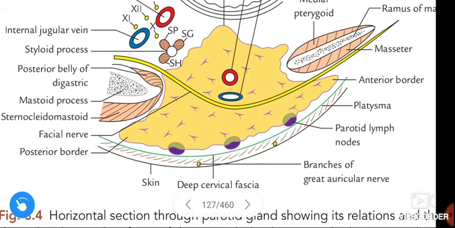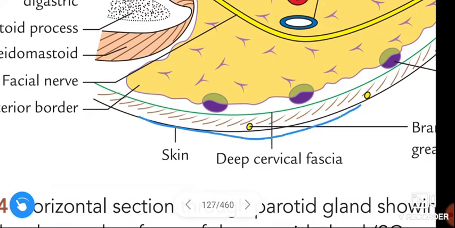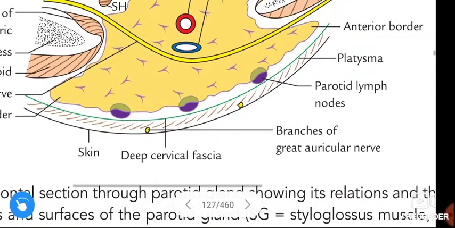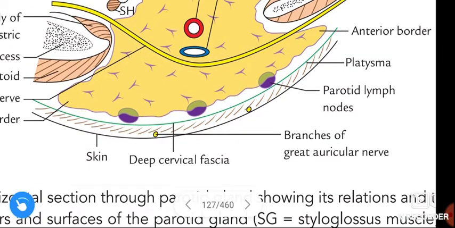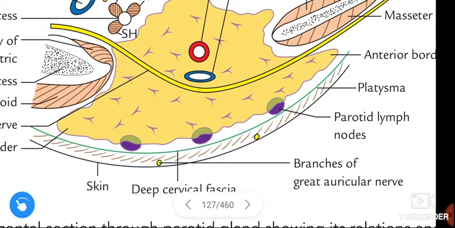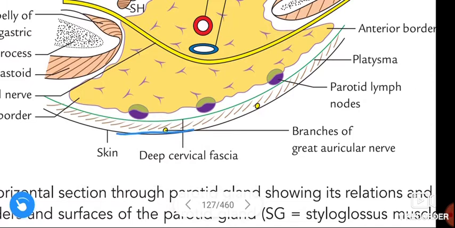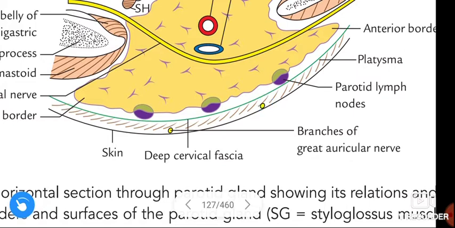The relations are skin, superficial fascia, branches of the great auricular nerve, deep cervical fascia, platysma, and parotid lymph nodes. These are all the parotid lymph nodes.